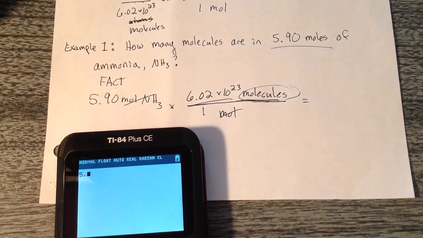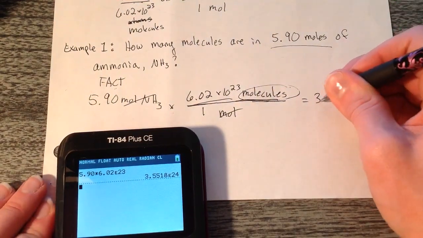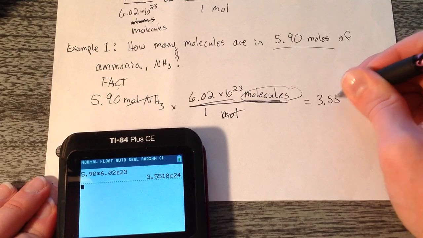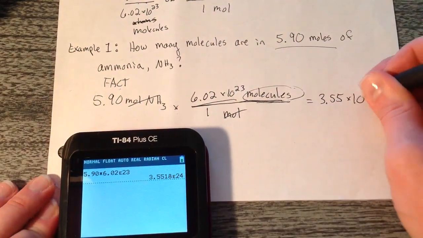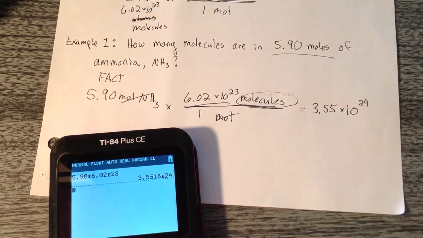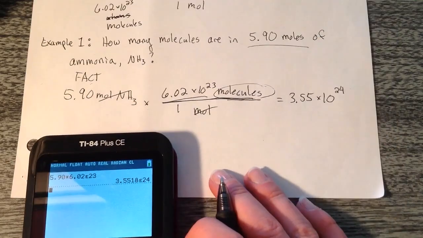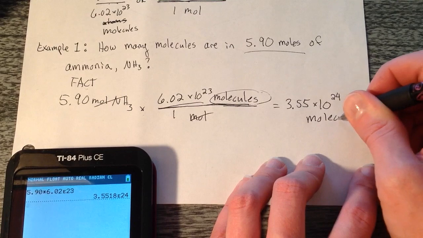So 5.90 times 6.02 times 10 to the 23rd equals 3.55. The E is my times 10, and then to the 24th power. So 3.55 times 10 to the 24th, and this is units of molecules.